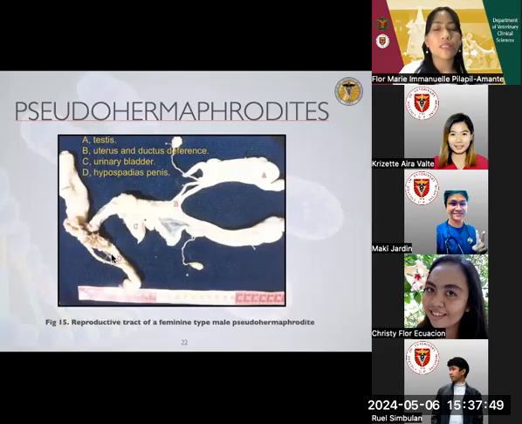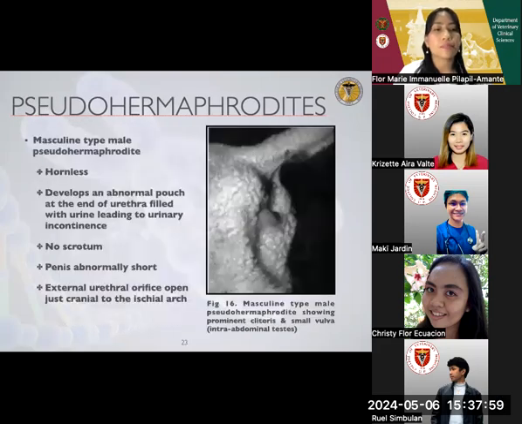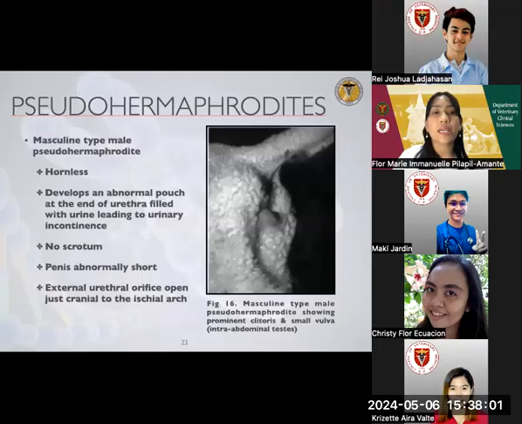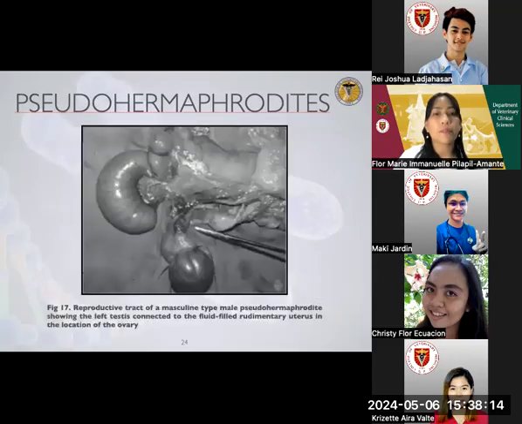And then we have the presence of an underdeveloped penis with a bent end. Okay, and the masculine type of male pseudohermaphrodite is also the same. And we have this very small vulva. It has no scrotum, abnormally short. Okay, same as what was shown earlier.